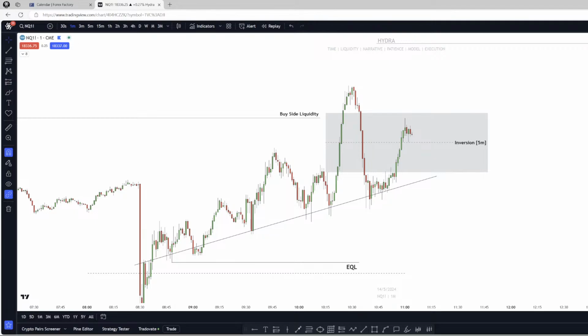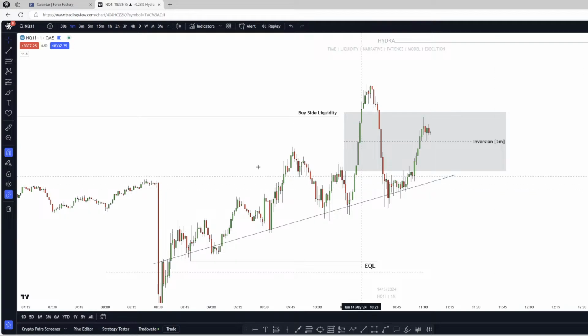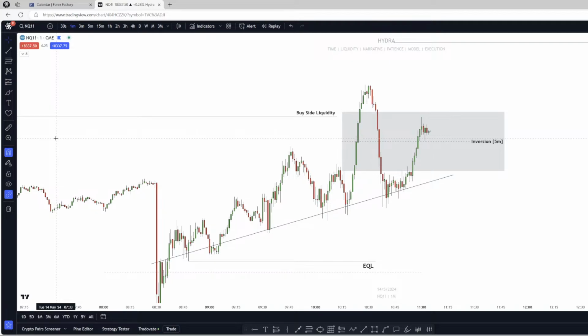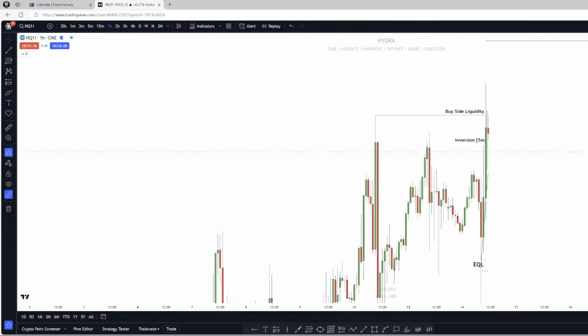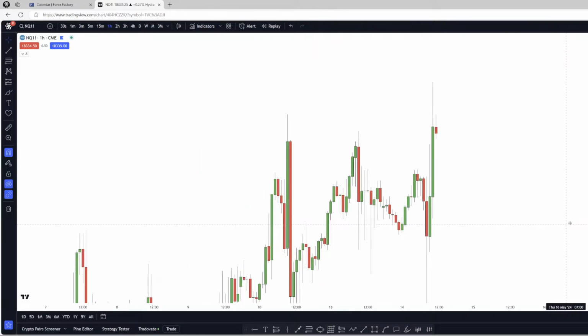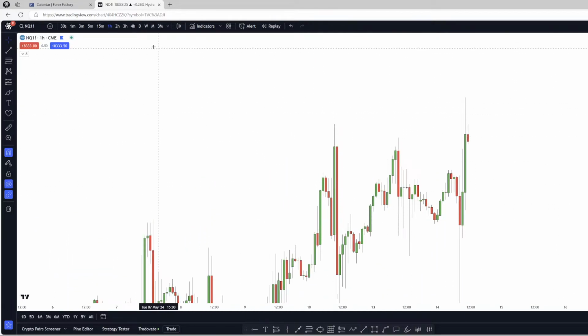It's frozen again and again, right? Our new hourly candle just dropped.